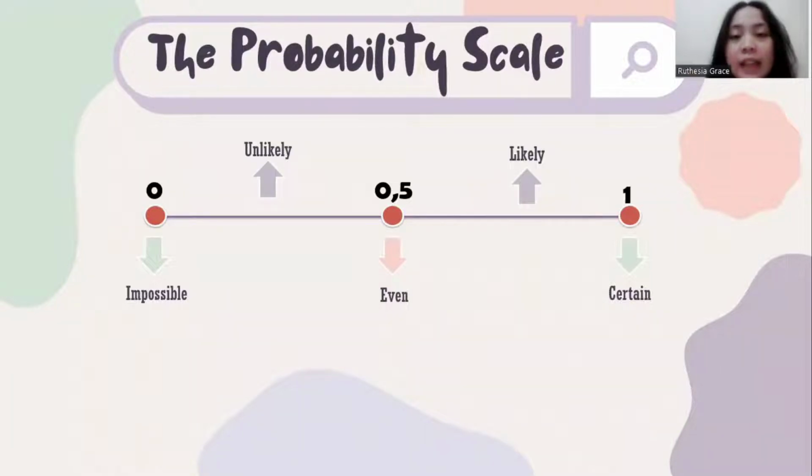And then you could get any decimal in between, so if we take the decimal 0.5, it's in the middle, so it's equally likely to happen or not happen. If the probability is 0.01, it's probably not going to happen, but it could happen. But if the probability is 0.97, it probably will happen because it's closer to 1, but it might not happen.